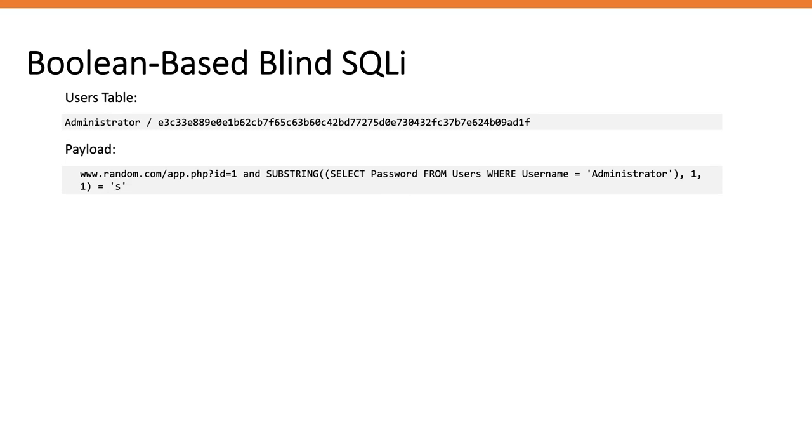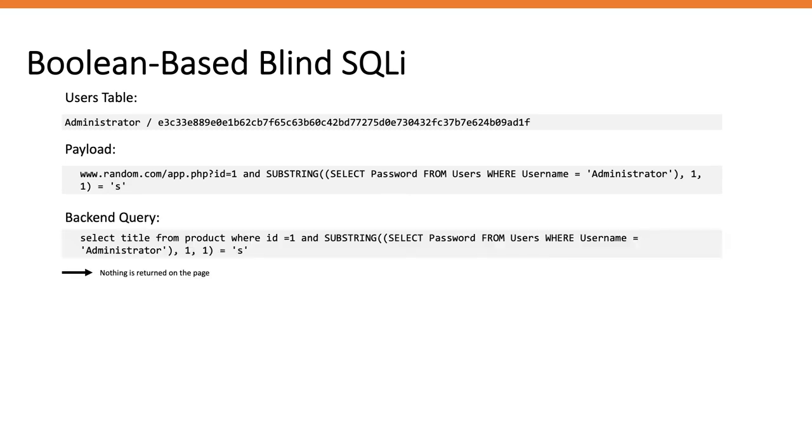And so the way I'm going to do that is by using this payload over here, which generates this query over here. So I'll use the substring function. And what that function does is extract some characters from a string. The first parameter that it takes is the string that you want to extract from. The second parameter that it takes is the start position for the extraction.